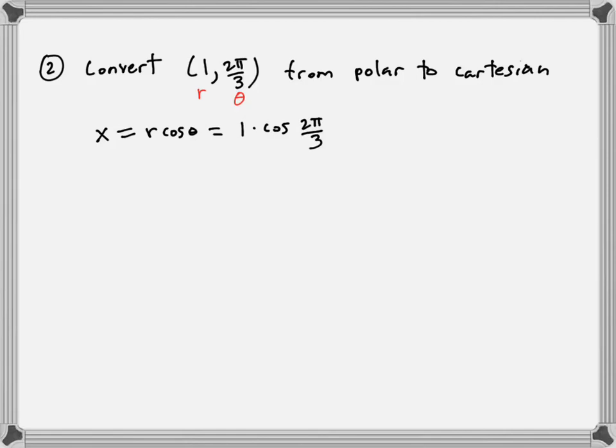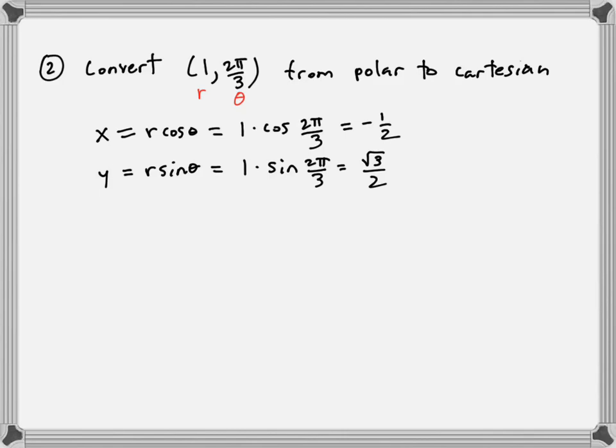Cosine of 2 pi over 3 is negative a half, so this would just be the point negative 1/2 for the x coordinate. And for the y coordinate, that's equal to r sine of theta, which is equal to 1 times sine of 2 pi over 3. And if you take the sine of that, that gives you a positive root 3 over 2.